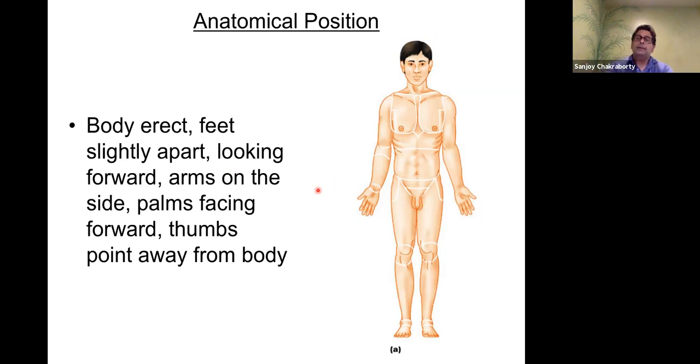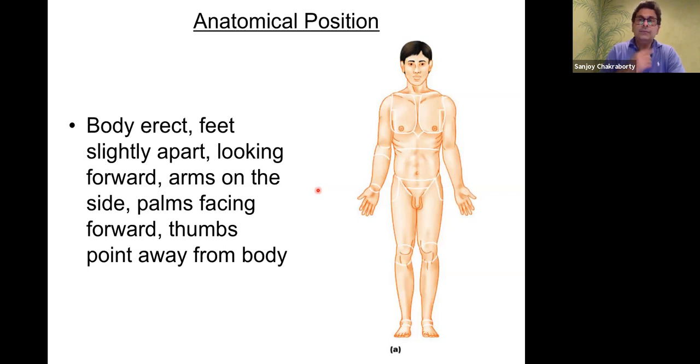But even if you know the anatomical position, if I ask you a simple question, like where is your heart located, as soon as you hear this question, most people say, oh, my heart is located somewhere here. True. But let's say the person you're explaining to is blind, or vision impaired, or in the dark. How do you explain that?